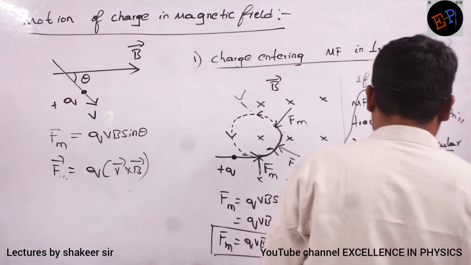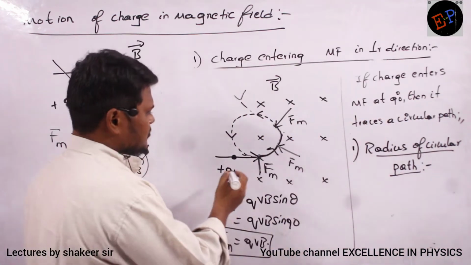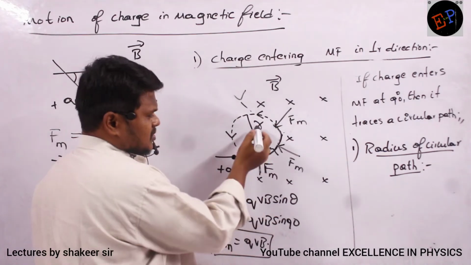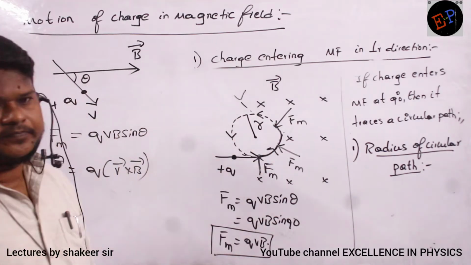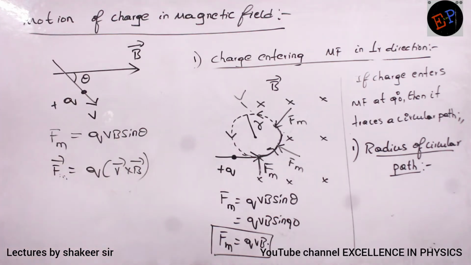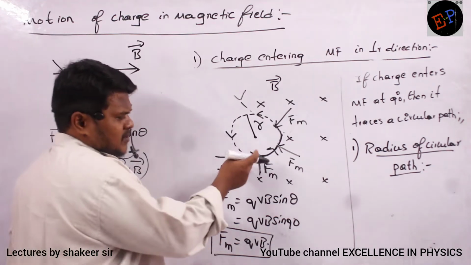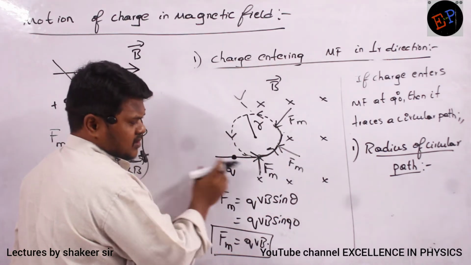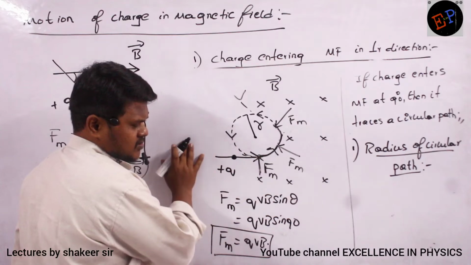See, this circle will have some radius, no? Let us call it r. So this r value, how can I calculate? Anybody? See, for a body to move in a circular path, centripetal force is required, no? Here who is providing the centripetal force?